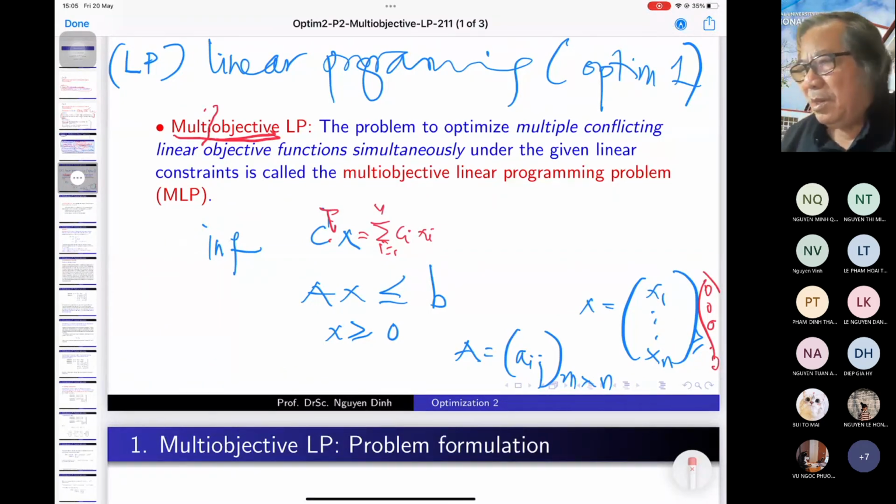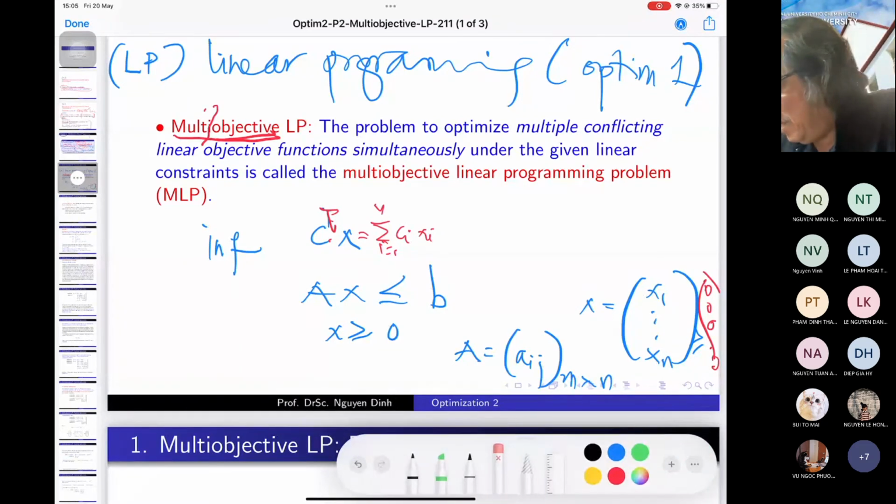This is normal linear programming, or one-objective linear programming. Multi-objective means many objectives.